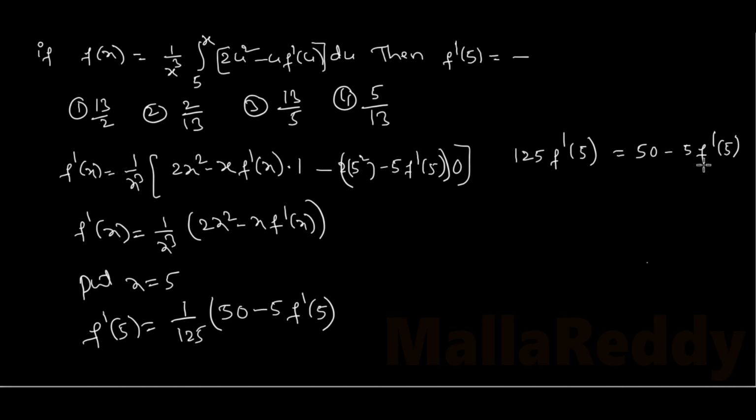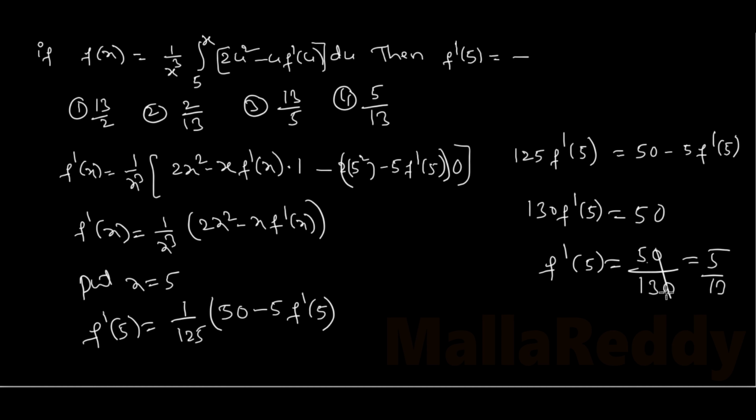Take 5 into f dash 5 this side, that is 125 plus 5, that is 130 into f dash of 5 is equal to 50. Therefore f dash of 5 is equal to 50 by 130. Here 0 and 0 cancelled, that is equal to 5 by 13, that is fourth option is the correct answer.